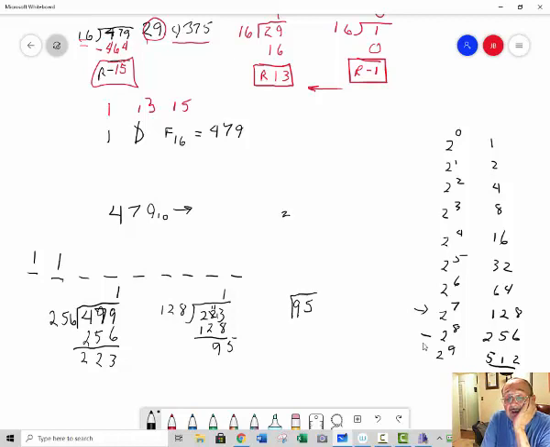So I got 95 divided by what? Looks like this one right here, 64. Goes one time, so I get a 64 over here. And if I subtract, I'll get what? 31. All right.